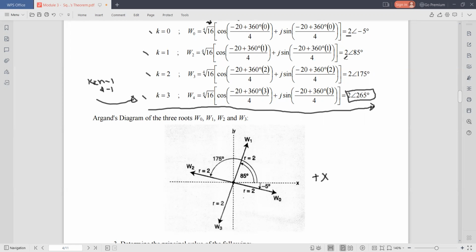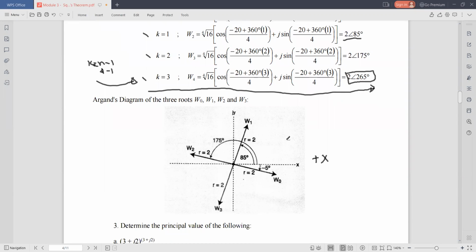So for this case, we have the second root, that is 85 degrees, from here to here, with the same magnitude. Then for our third root, that is 2 angle of 175, again from the positive x-axis and so on. Positive x-axis lahat. Then for your last one, 265, it also goes here.